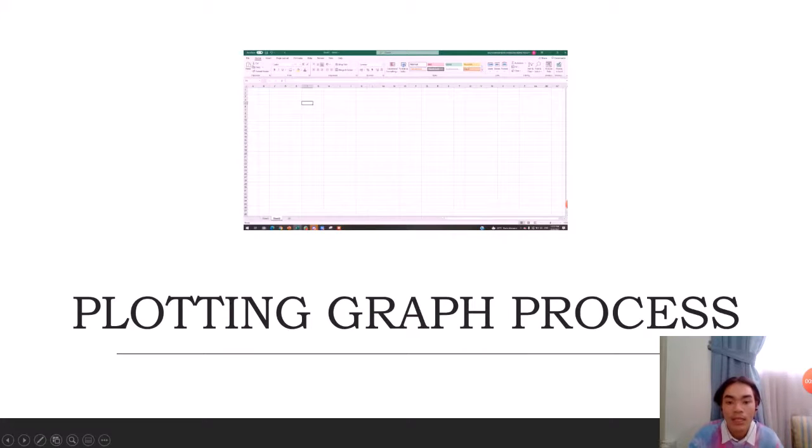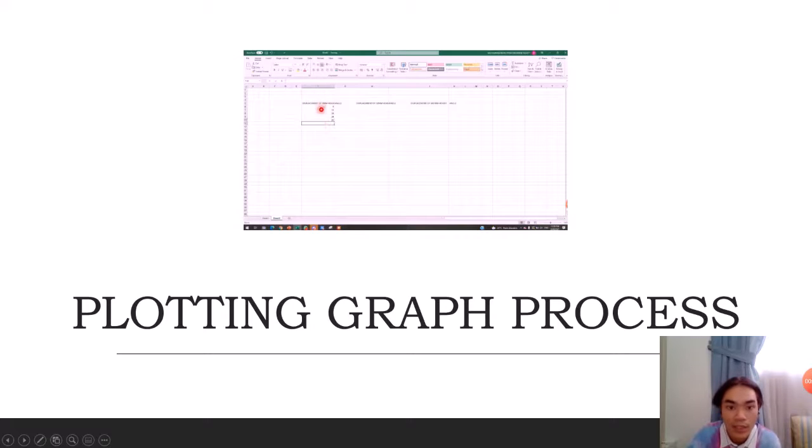Now to the plotting of graph process. So this is how I came up with the graph. I just insert the values into the columns and rows. This is displacement of 0 millimeter height and its angle, displacement of 50 millimeter height and its angle, and lastly the displacement of 100 millimeters height and also its angle.